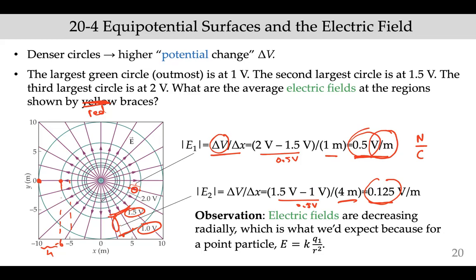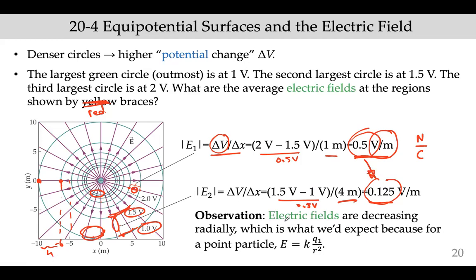And you can even tell it from the figure. Remember, when the electric field lines are dense, that means the electric field is stronger there. When they are less dense, as you can see here, the purple vectors are less dense as you go out, far away from the charge. That means electric field strength goes down.